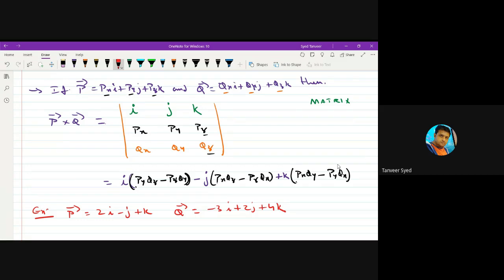Find P cross Q. Fast. You must be careful in that multiplication and subtraction with minus sign.